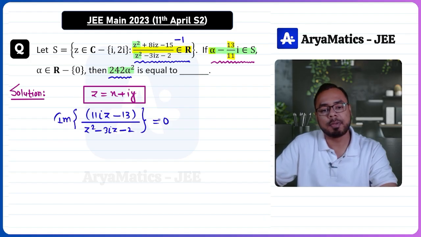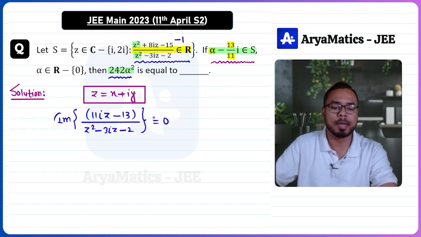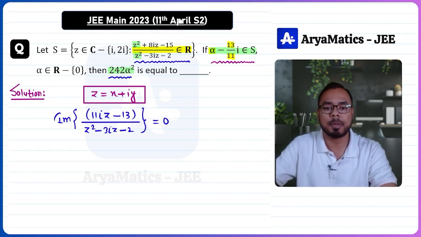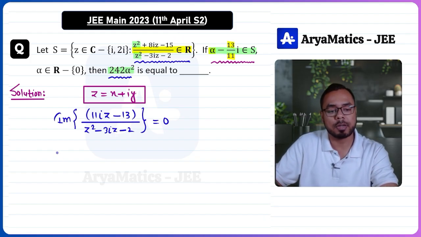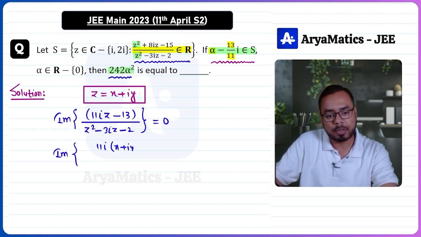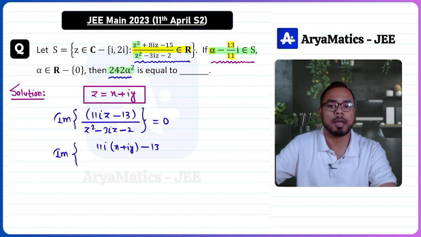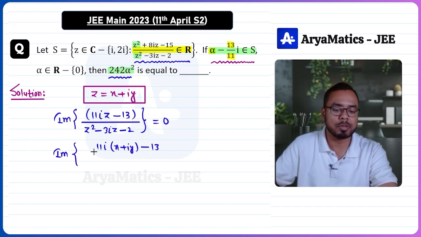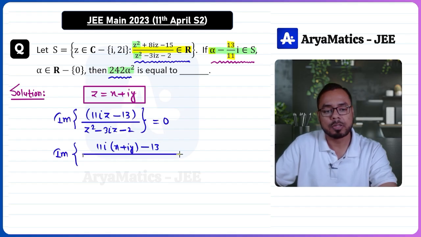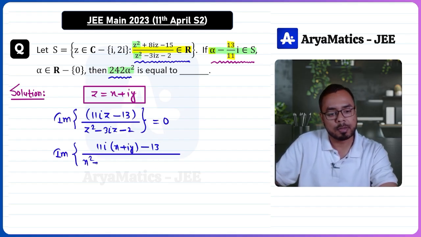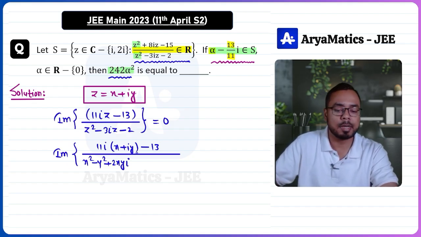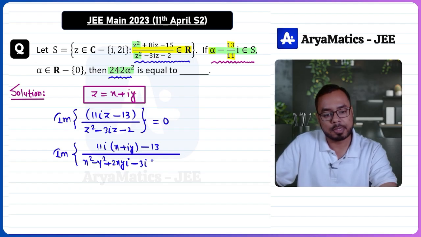Now in place of Z, we can substitute X plus iota Y. Still there will be calculation, but it will be slightly less compared to if you directly substitute Z as X plus iota Y. Now in place of Z, if we write X plus iota Y, then we'll get 11 iota Z is X plus iota Y minus 13, and this divided by, in denominator again, in place of Z, we need to write X plus iota Y. So in denominator, we'll get X square minus Y square plus 2xy iota, that will be Z square, minus 3 iota, and Z is X plus iota Y minus 2.